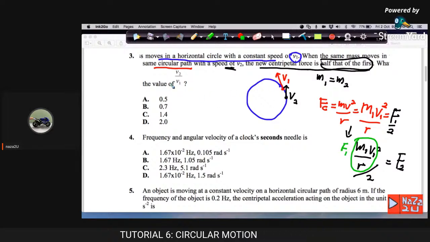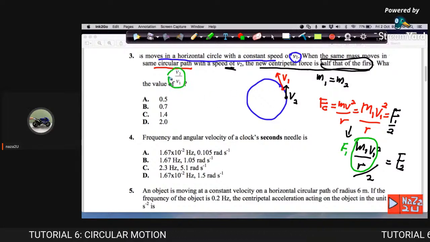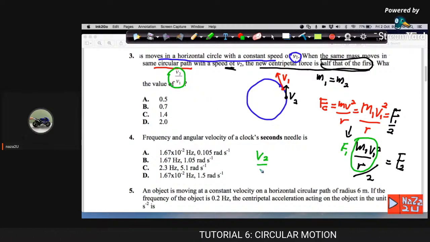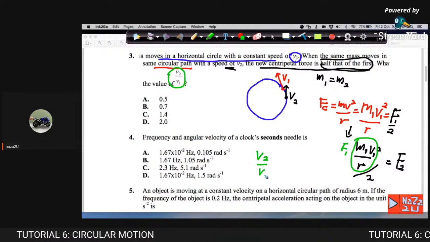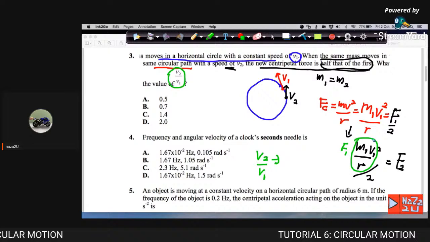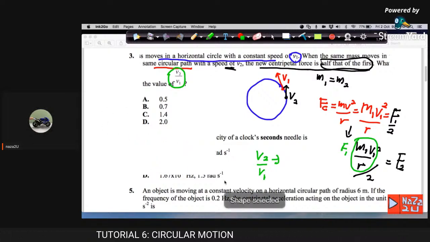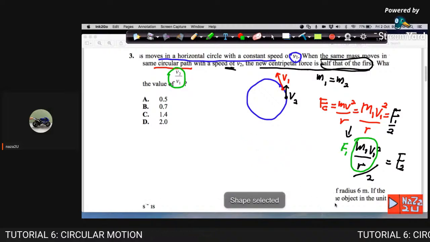Now the question asks you to calculate the ratio V2 divided by V1. So here we can make a comparison. Let me erase this first.